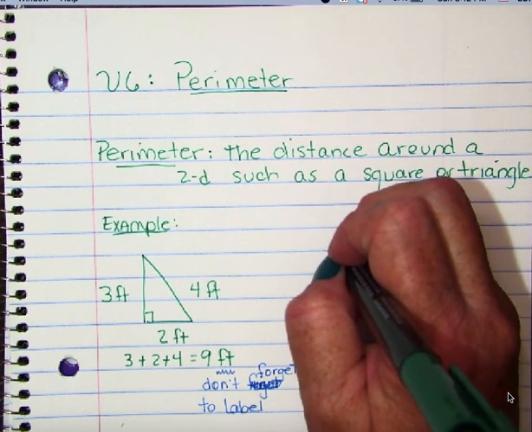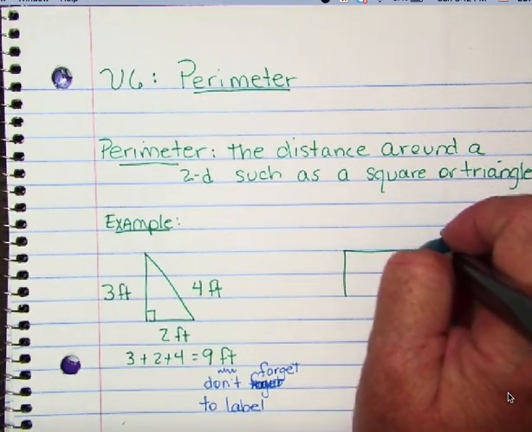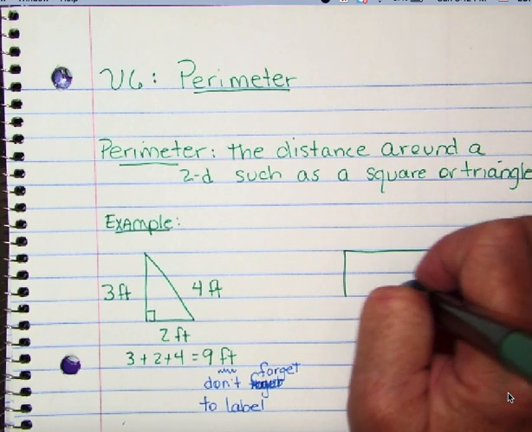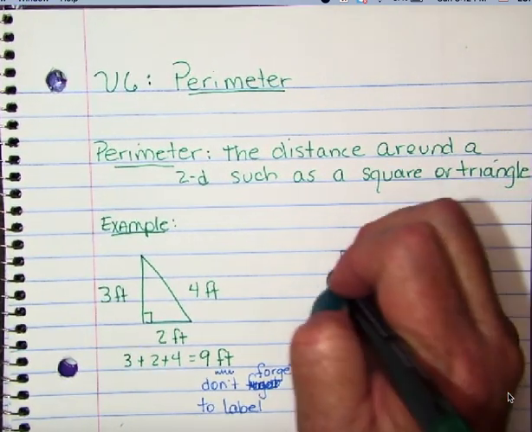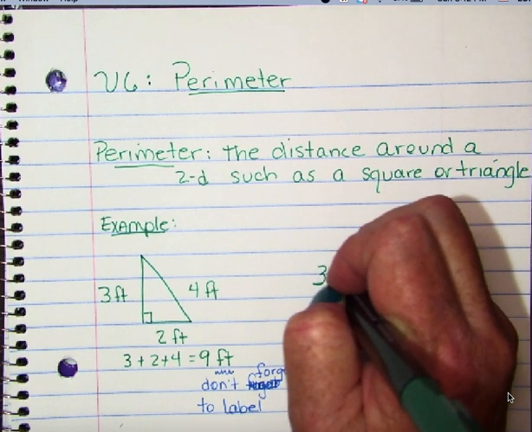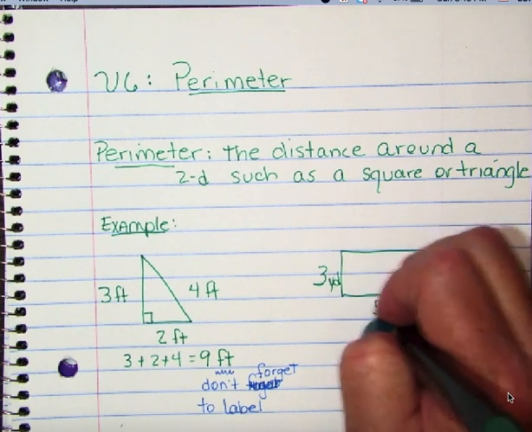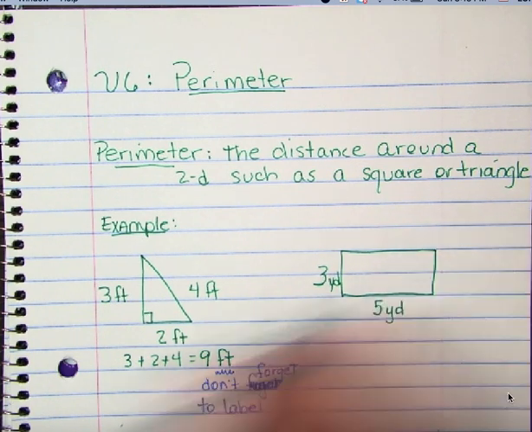So beside it, we're going to do our next shape. We're going to do a rectangle. We're going to say the side is 3 yards. This side is 5 yards.